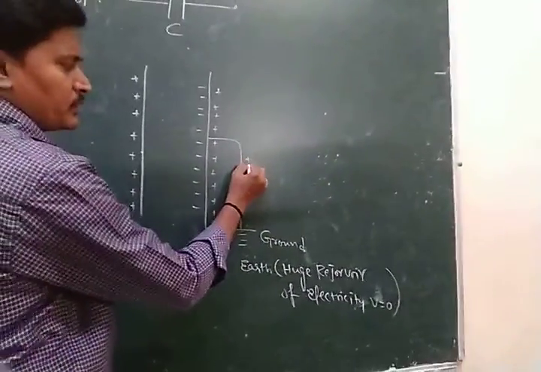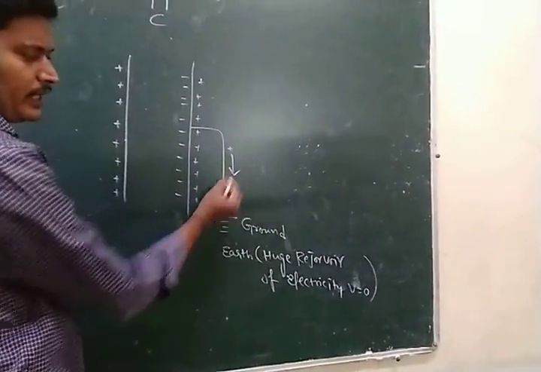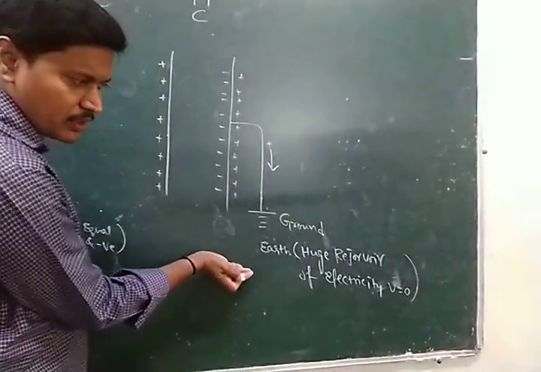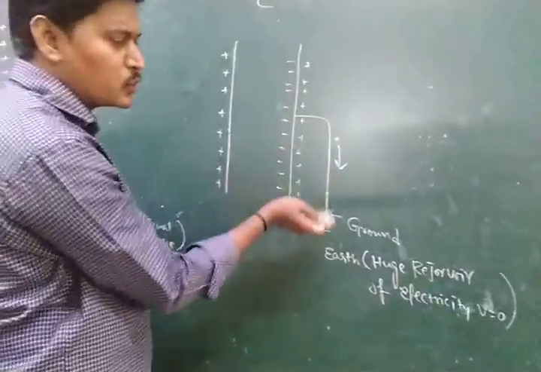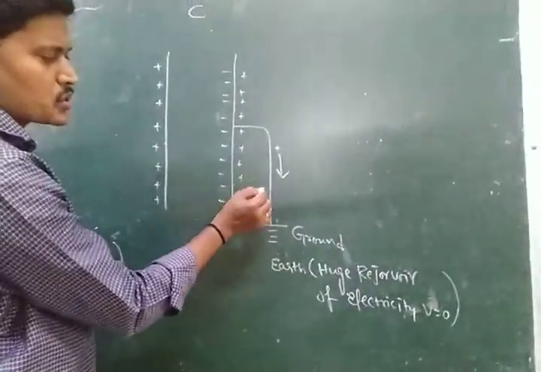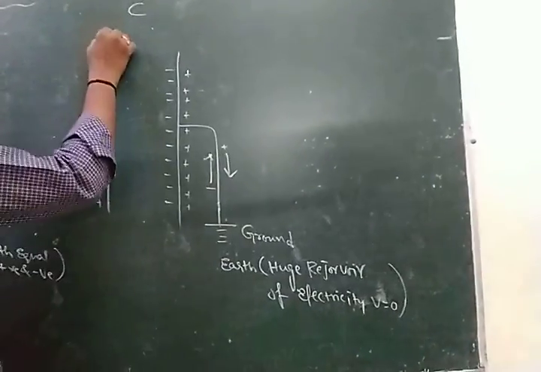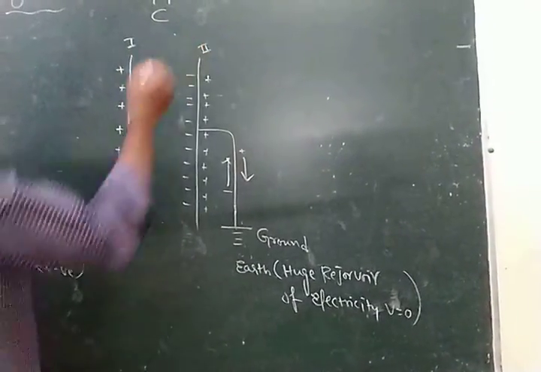Whenever positive charge goes into the ground, the same amount of negative charge resides onto the plate. This is plate 1, plate 2.